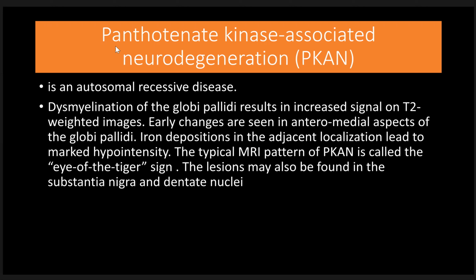This disease, pantothenate kinase-associated neurodegeneration, PKAN, is autosomal recessive. We have demyelination of the globi pallidi, which results in high signal intensity on T2 and gives the appearance of the eye of the tiger.